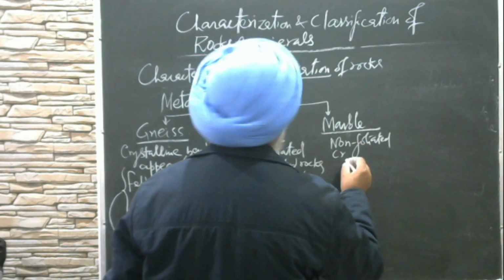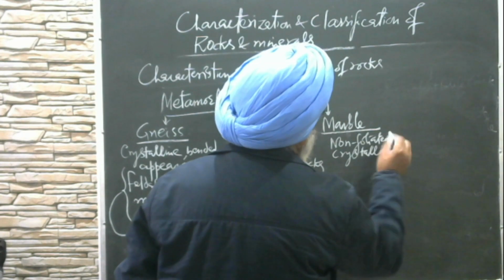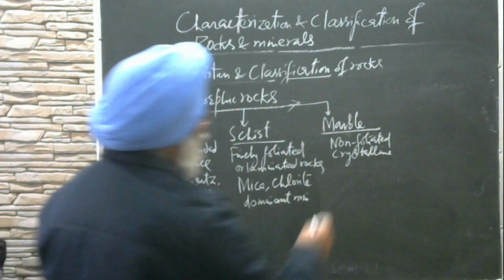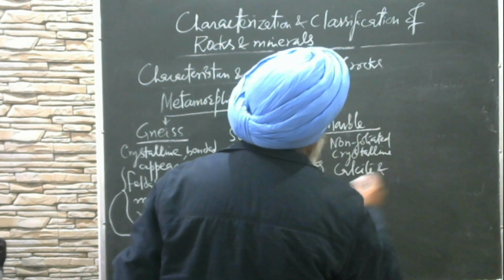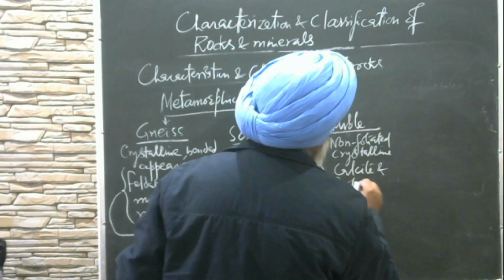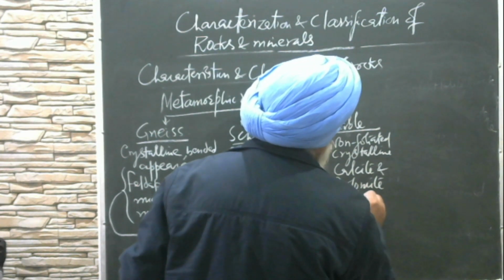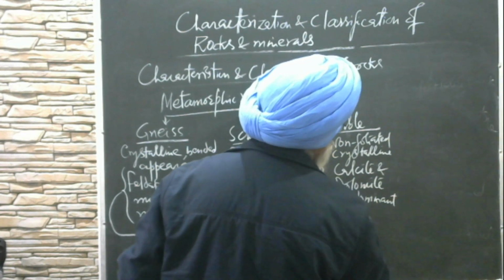Just like gneiss, it's also crystalline, non-foliated. And here the dominant minerals are calcite and dolomite.